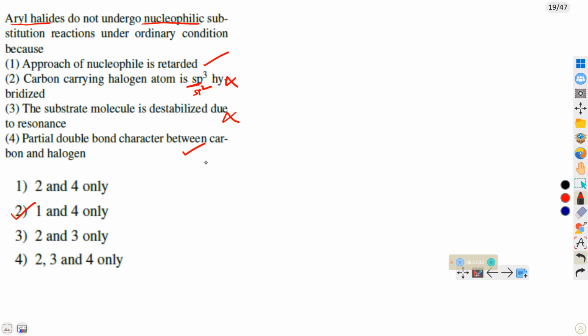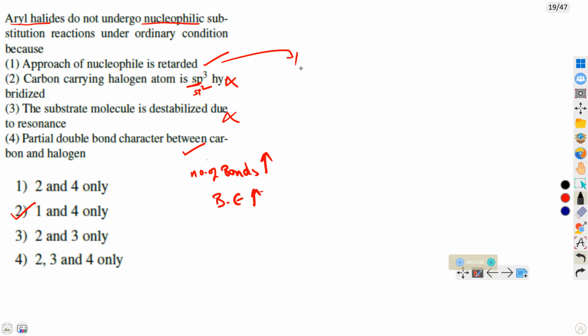Partial double bond character is obtained. So number of bonds increases, bond energy increases. Approach of nucleophile is retarded. Why?